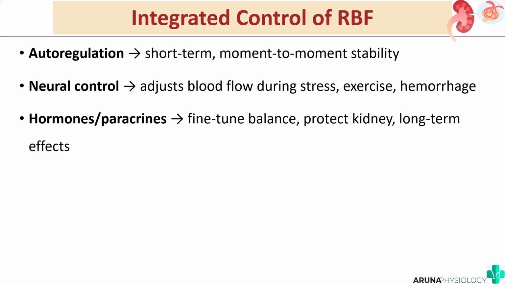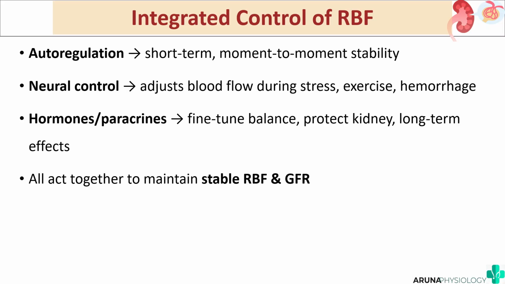And the fine tuning is brought about by hormones and paracrines, and it has long-term effects. They fine tune the balance, protect the kidney, and give long-term effects. So autoregulation, moment-wise; neural control for emergencies; hormones for long-term. They all act together to maintain a stable renal blood flow and GFR.